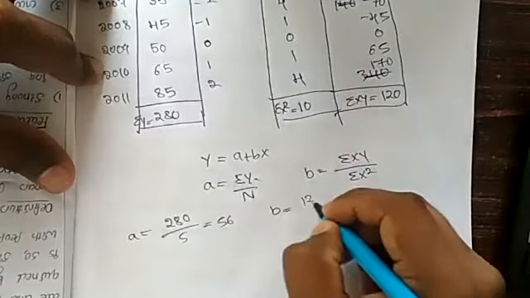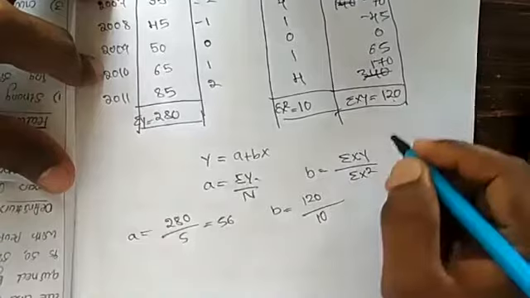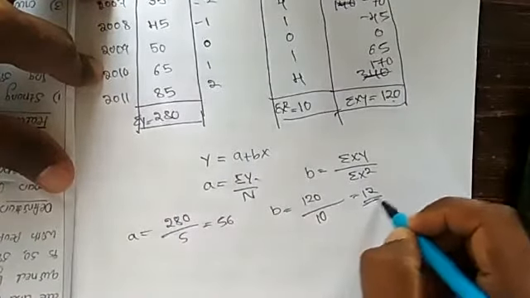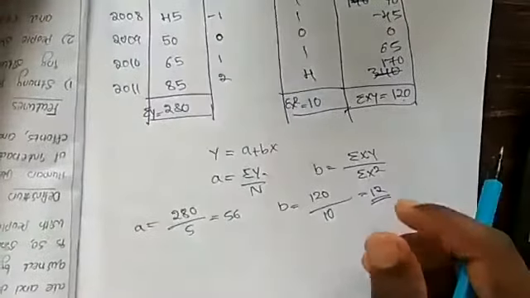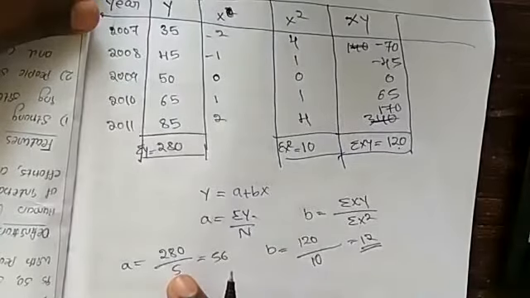And 120 divided by 10, sum of xy 120 and sum of x square 10, so you'll find 12. The slope or annual increment is 12. The slope is 12 and the constant value is 56.